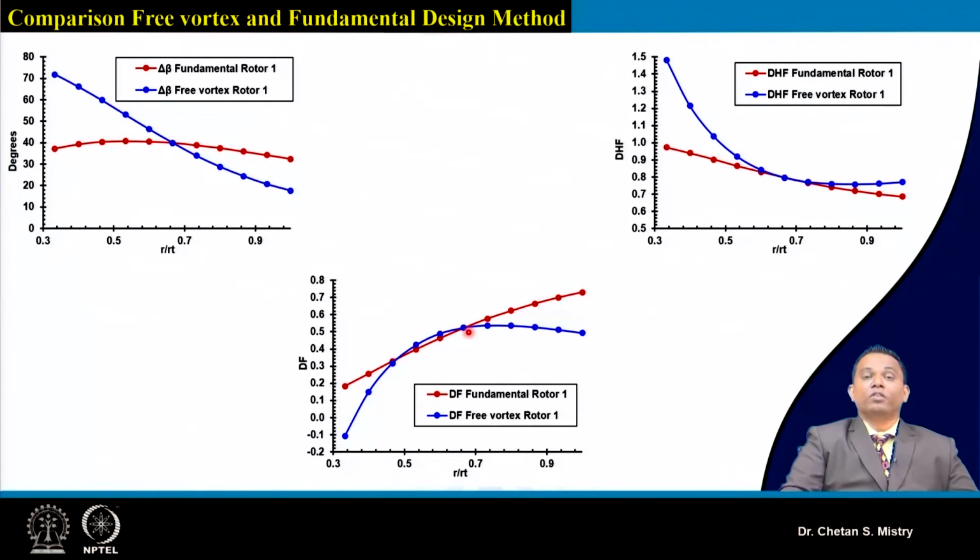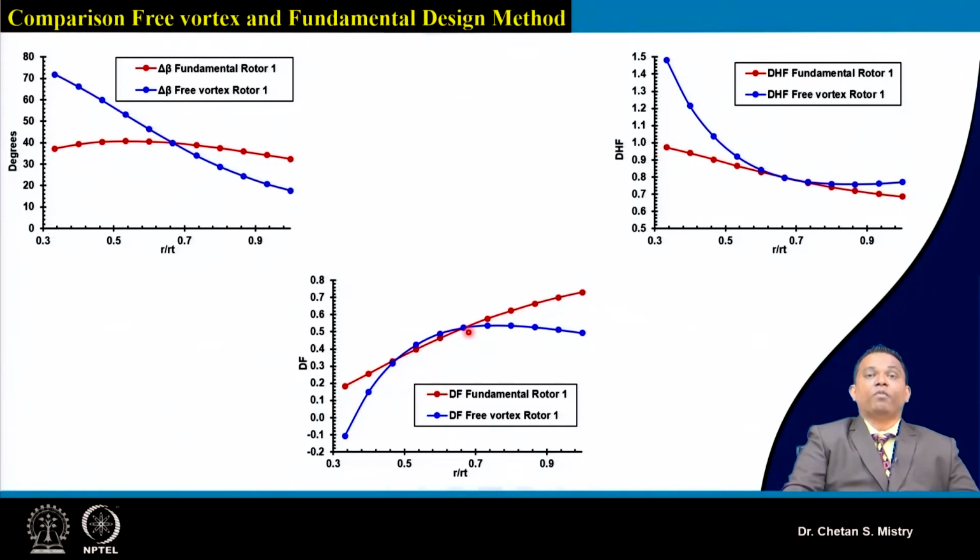Now, we are not criticizing any design method. Whatever design method we adopt for design and development of rotors is absolutely fine if it is working as per the expectations. So it is the designer's choice to opt for which kind of method, or what rotor, and what whirl distribution he will be opting for.